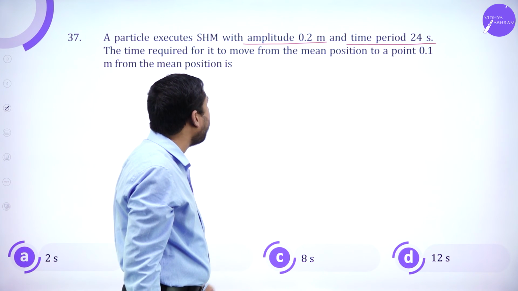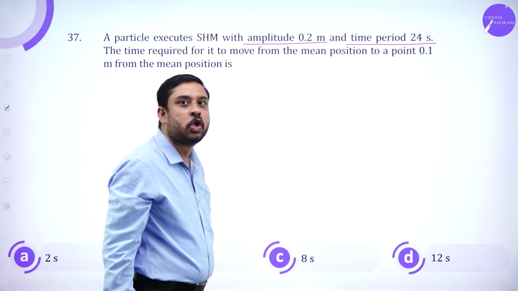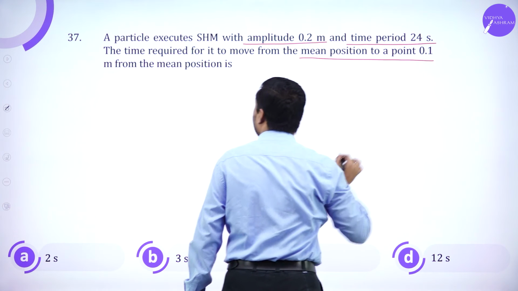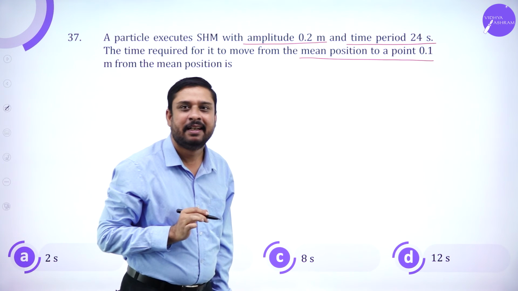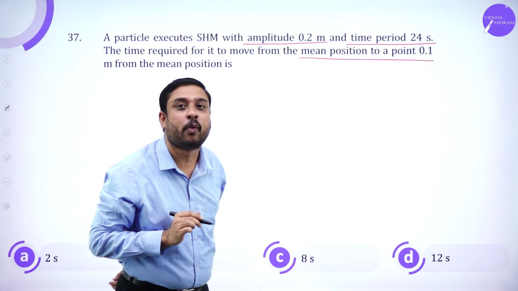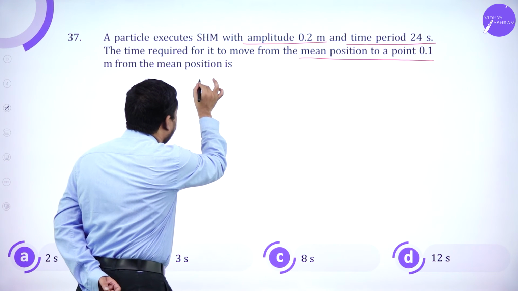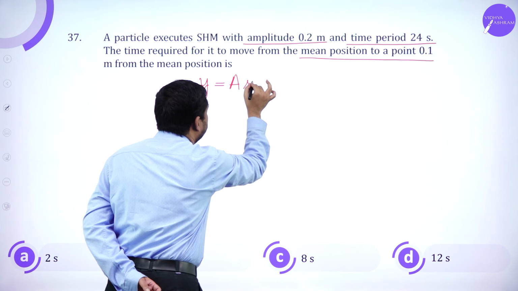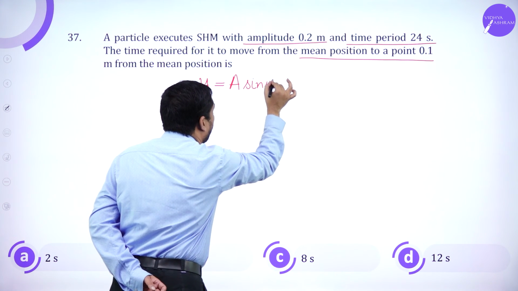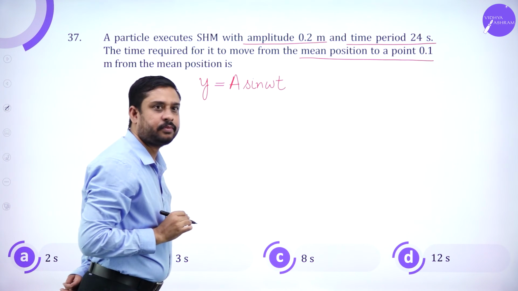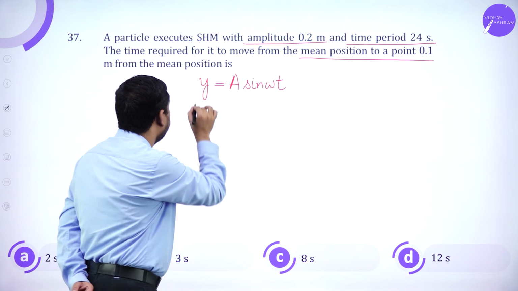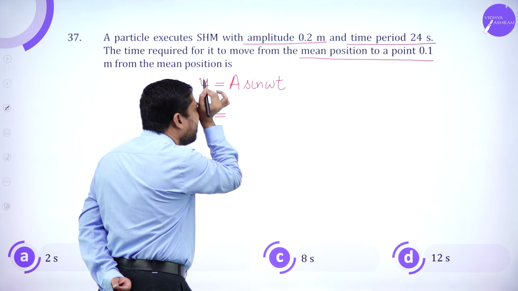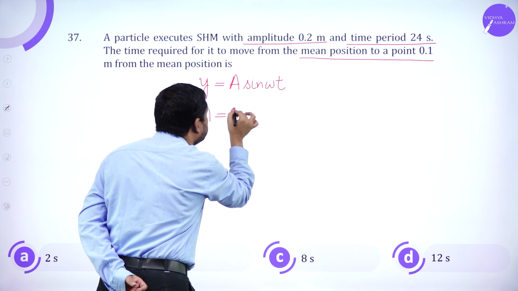The time required for it to move from mean position to 0.1 meter. Displacement is 0.1 meter. So we have y equals a sin omega t. Now, displacement is 0.1, whereas amplitude is 0.2.